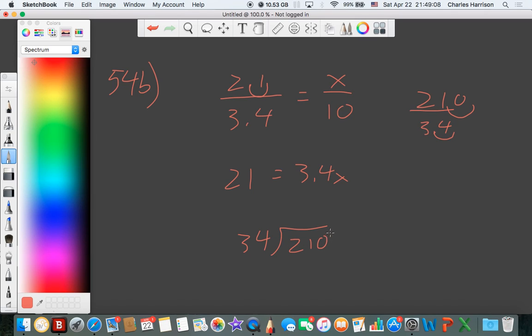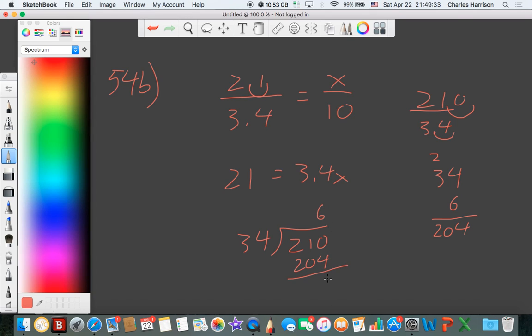Well, I know that if I round down to 30, 30 would go into 210 7 times. But this is bigger than 30, so only 6 times, I'm guessing. So 34 times 6 is 24. Carry the 2. This times this is 18. 18 plus 2 is 20. There we go.